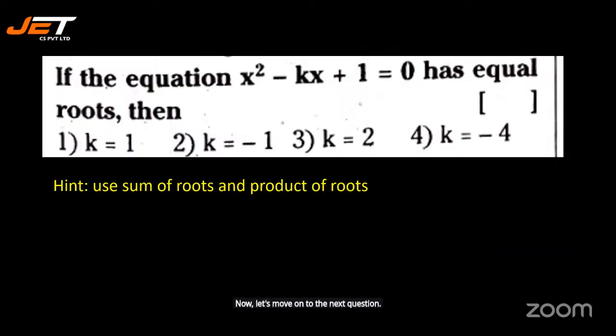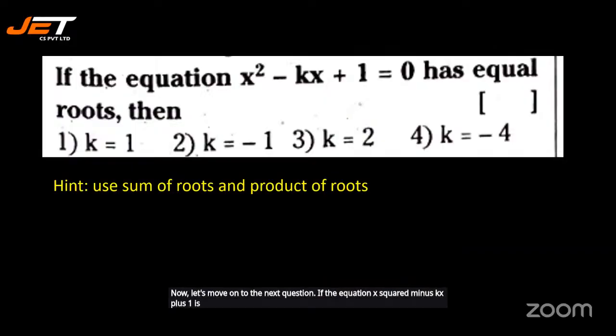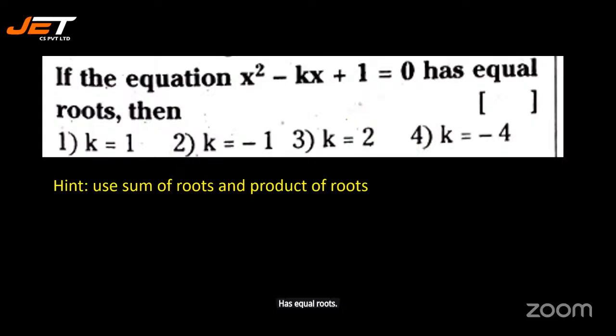If the equation x square minus kx plus 1 is equal to 0 has equal roots, then what is k? So here use sum of roots and product of roots, right? So what is sum of roots? Alpha plus beta. What is product of roots? Alpha beta. So what is sum of roots here? Minus of minus k by 1.